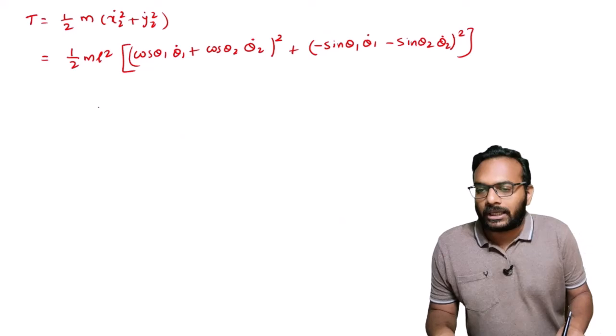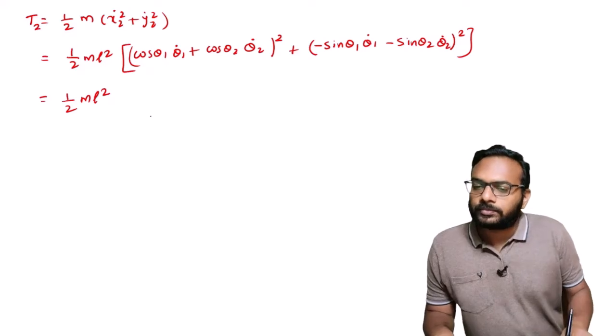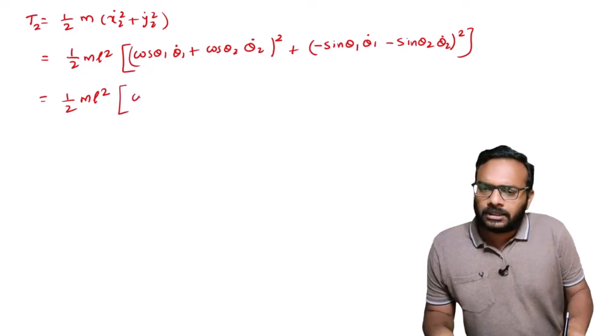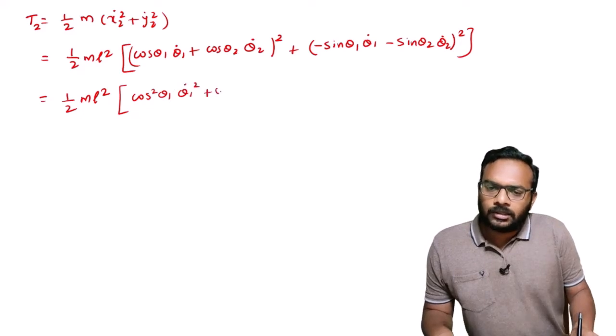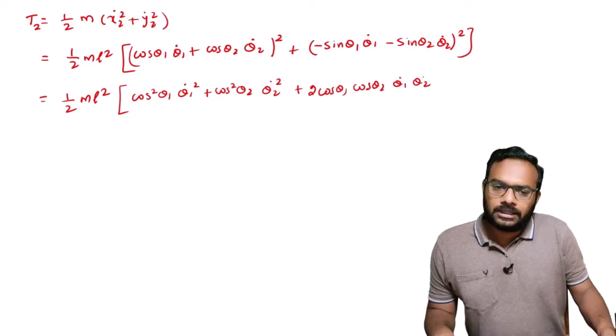Right, now you square and add, so we'll see that this is equal to half ml square. So this is only T2. Half ml square, cos square theta 1 dot square plus cos square theta 2 dot square, plus 2 cos theta 1 cos theta 2 theta 1 dot theta 2 dot.